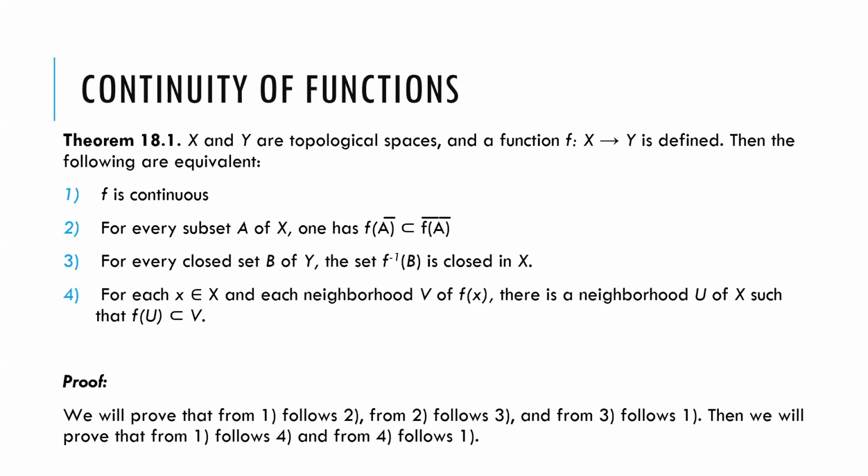And for 4, F of an open set may not be open, right? It just says that F of this closed set is actually a subset of the closed set. And F of this open set is a subset of the open set, right?